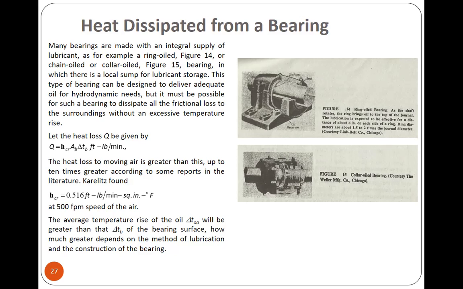So the heat loss to moving air is greater than this. A sub CR is equal to 0.516 foot-pounds per minute square inch per Fahrenheit at 500 feet per minute speed of the air. The average temperature rise of the oil, delta T sub OA, will be greater than delta T sub B of the bearing surface. How much greater depends on the method of lubrication and the construction of the bearing.